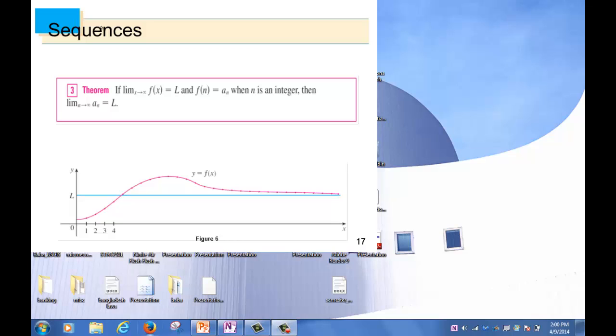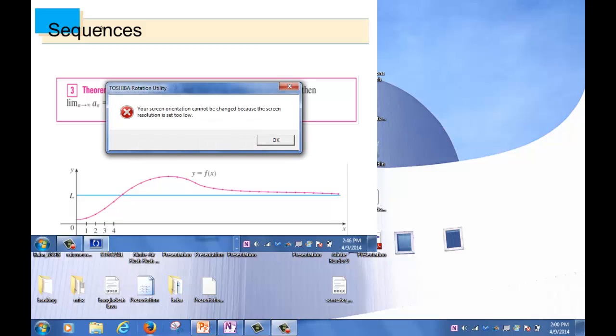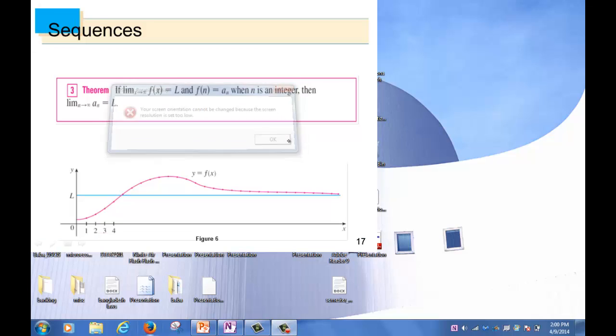Right, because the sequence is just a bunch of dots on the same curve, right? So if the curve gets closer and closer to the horizontal line, the points will also get closer and closer to the horizontal line, right? Is that making sense? Everybody is doing okay with what I just said?